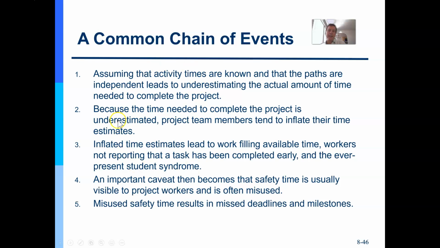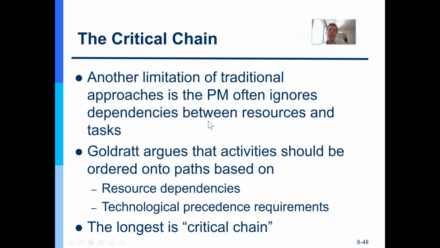And so this lists, and the book articulates it well, a common chain of events that you might want to consider when building your project. Now, this whole approach, whether it's critical path or critical chain, it's using the critical path type events. Critical chain just cuts the times in half.